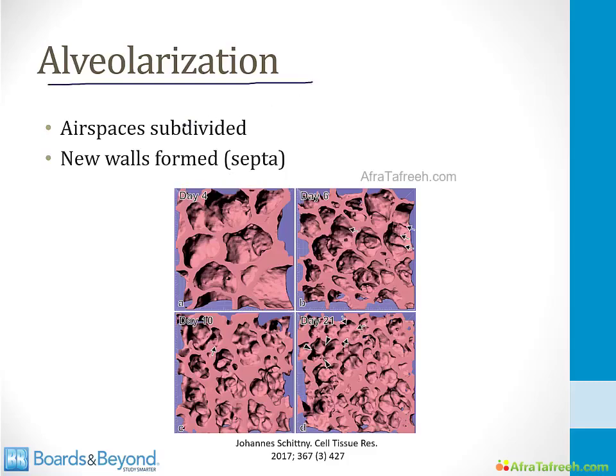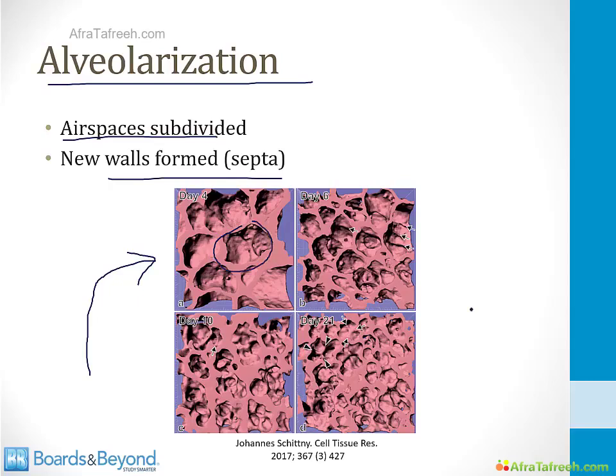In alveolarization, the air spaces are subdivided. New walls form called septa, and this septation divides up the alveoli that are present to make more alveoli. To understand this better, let's look at this picture on the screen. So in the top left corner is an image of what the lungs might look like at the time of birth, and you can see that there are these large air spaces. In the bottom right corner is what the lungs might look like after alveolarization.